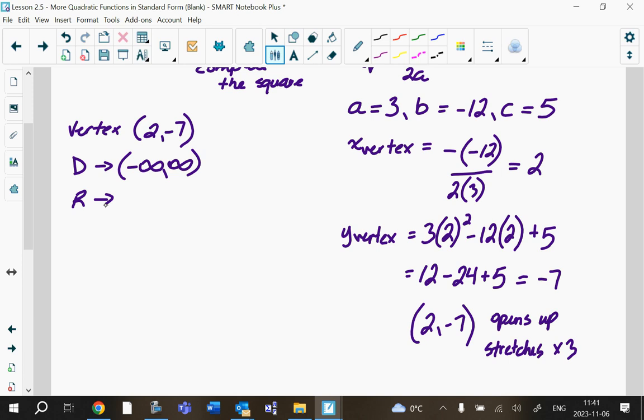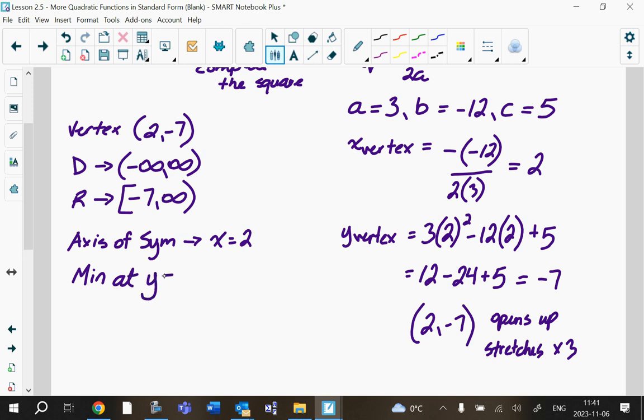The lowest is negative 7 because it opens up and it goes up to infinity. So negative 7 to infinity. Okay, we got those. Axis of symmetry. X equals 2, yes. Might as well get the max min over with. Min at, yes, y equals negative 7.